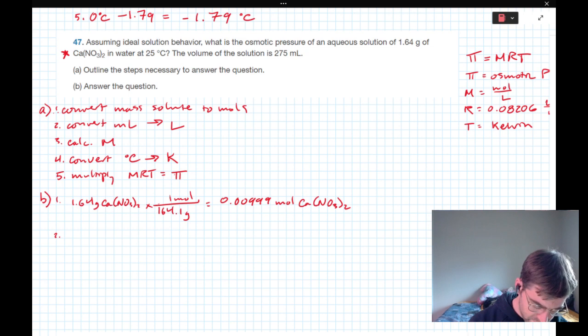Step two, milliliters to liters should be pretty simple. Can do this in your head, but we're going to write it out. We're given, was it 275? Yes.